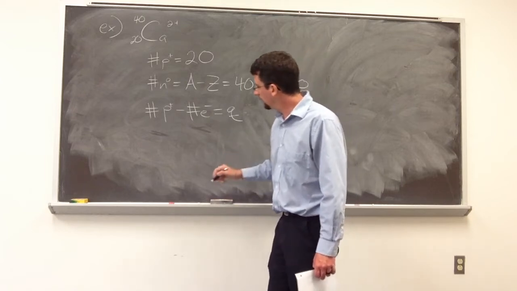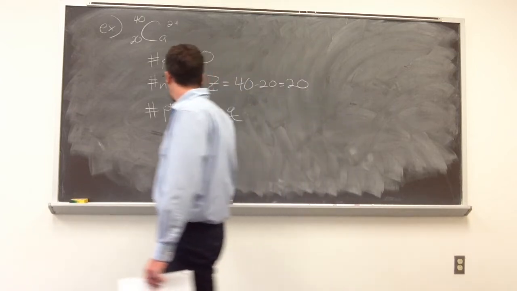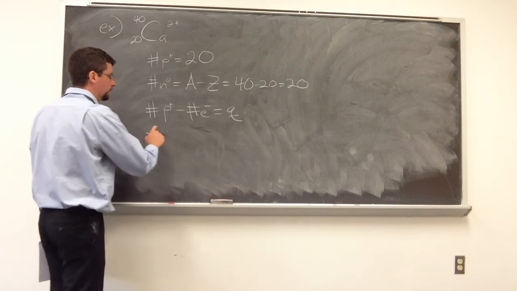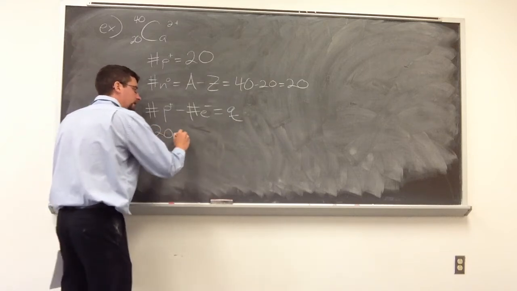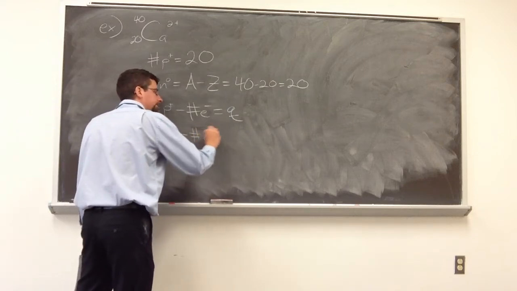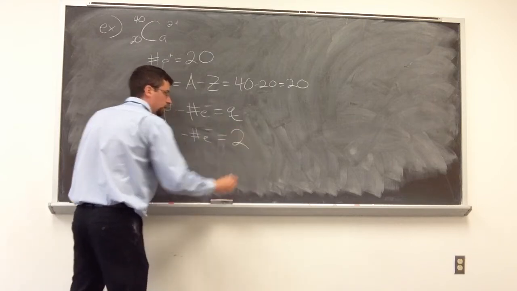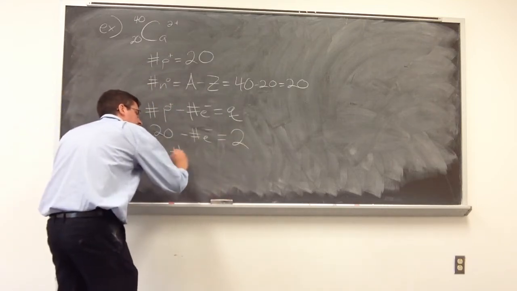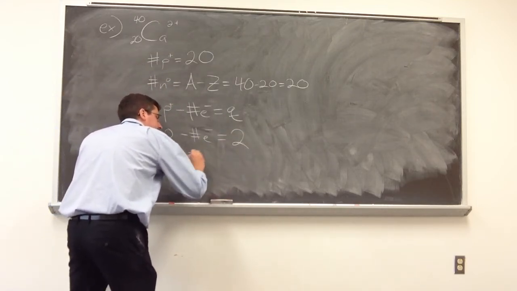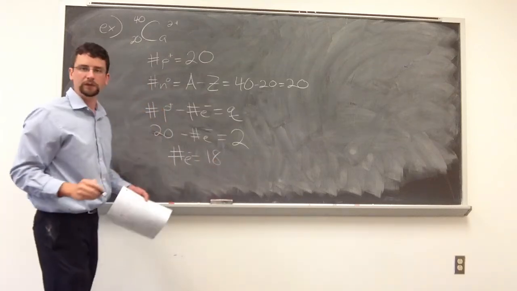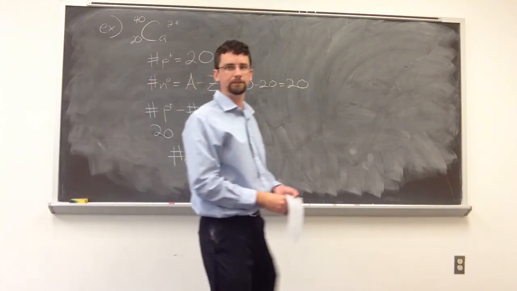Okay, when we plug in and when we solve, we have to end up with positive 2. We know that this is 20, this is some unknown number, and this is 2. When you solve for this, you find that the number of electrons is equal to 18.